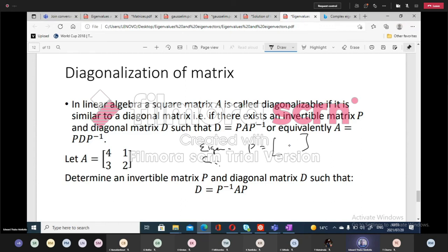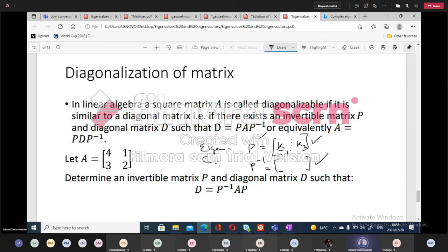And immediately once we have, so if this will be for what we have just calculated, this will be K1, K2, what we have calculated will give us P. Immediately after that, we determine P inverse. So this means we are looking for an inverse of this matrix.